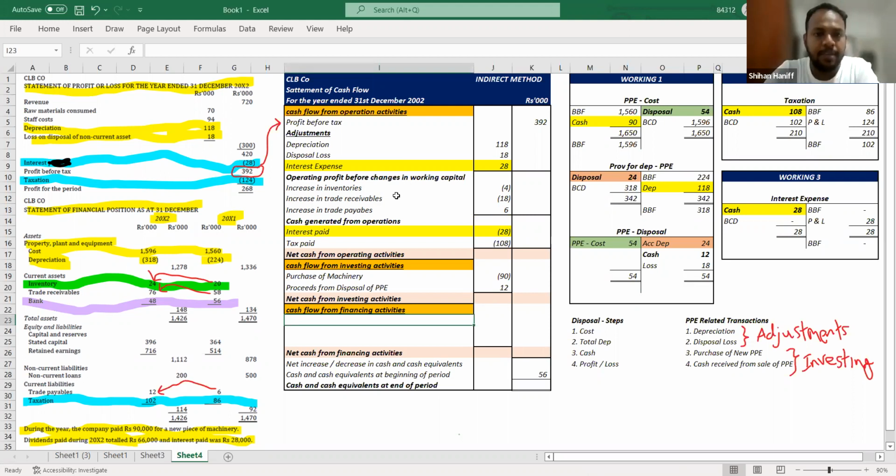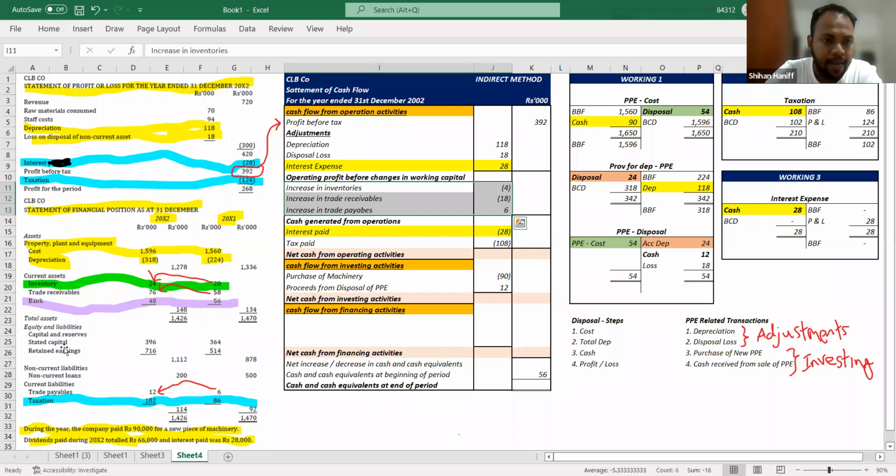Right. Changes in working capital: increase in inventory, increase in trade receivables, increase in trade payables. So everything increased. Okay, so we are done with the P&L and the assets part.